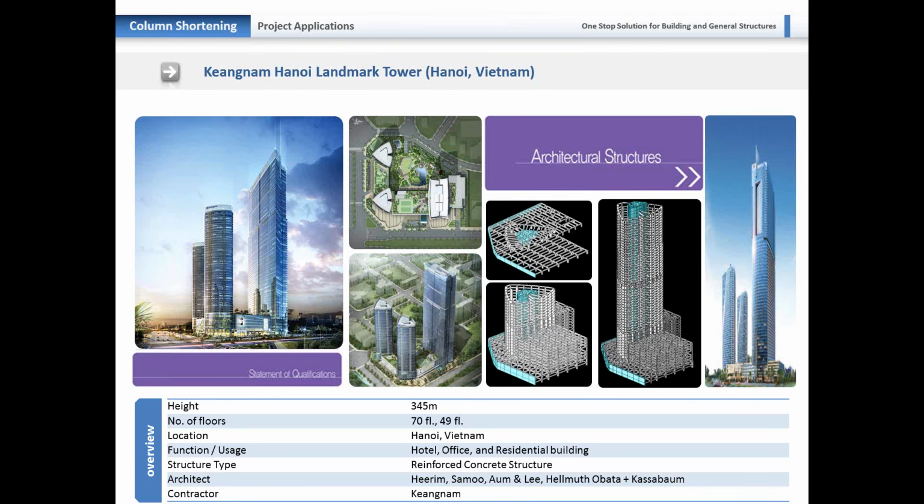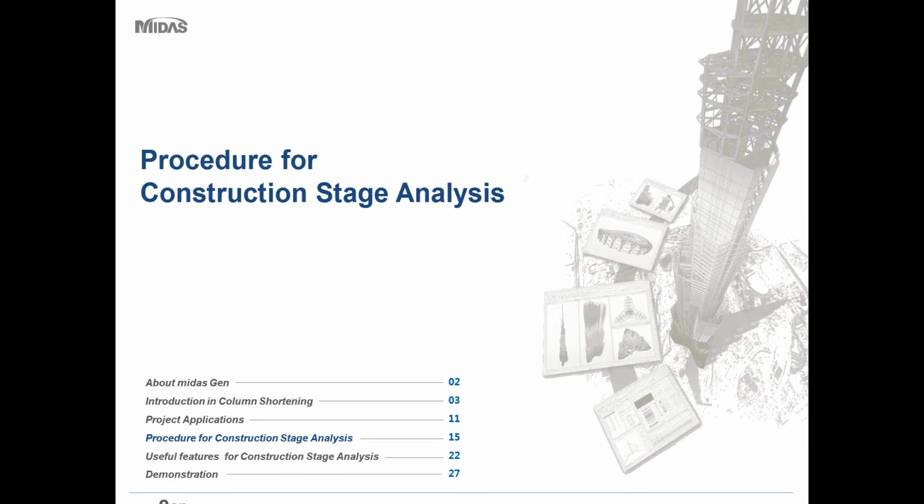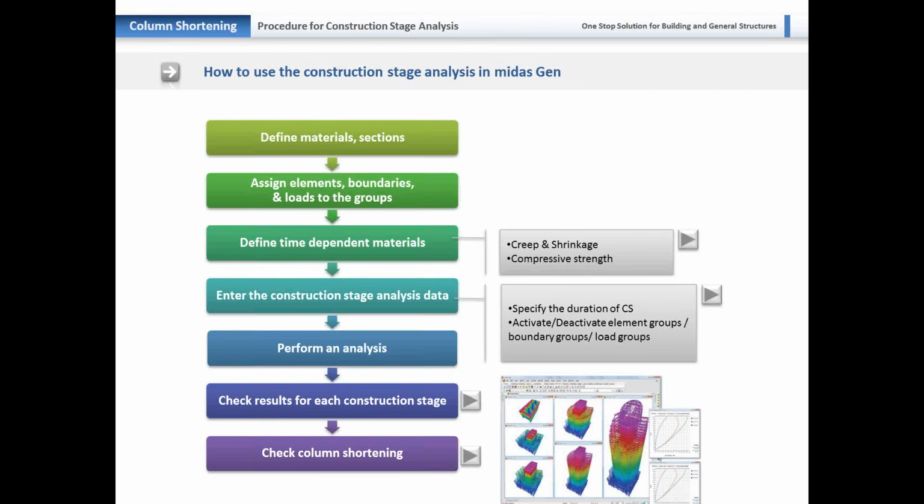Okay, now let me come on to explain the basic procedure of construction stage analysis in our software Midas Gen. This particular slide shows you the flowchart for using the construction stage analysis feature.